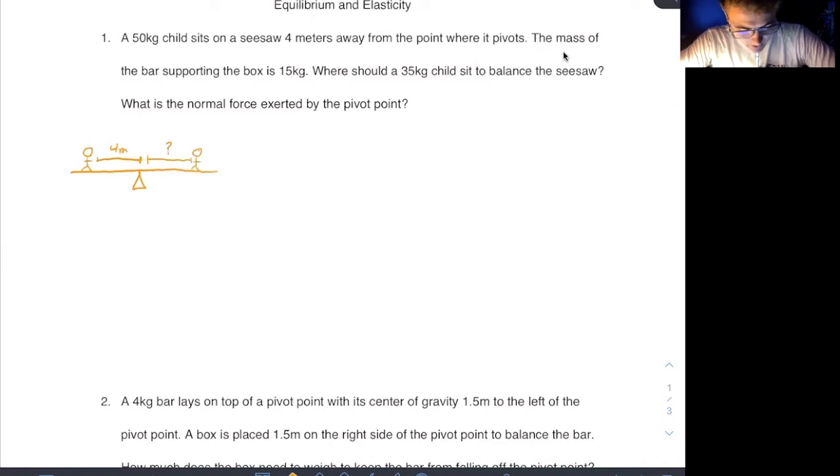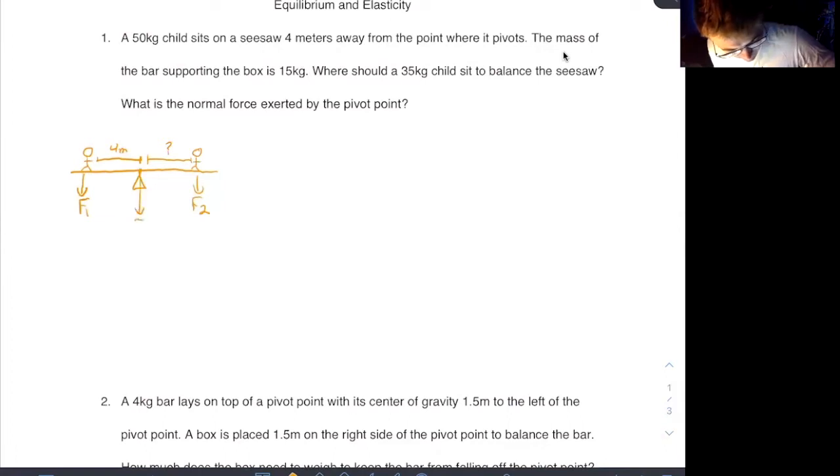Okay, so the first thing I'm going to do is draw out our forces. We have the force of the 50 kilogram child, so let's call that force 1. And we have the force of the second child, force 2. And we have the force of the bar. Let's say the center of gravity of this bar is right here at the pivot point.